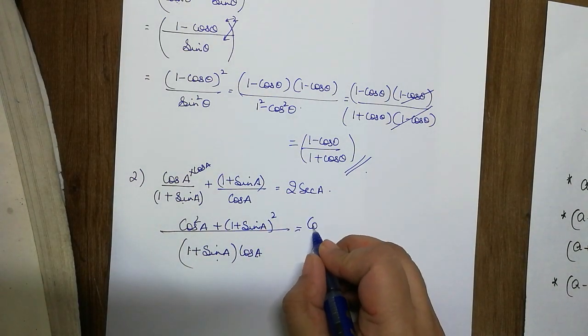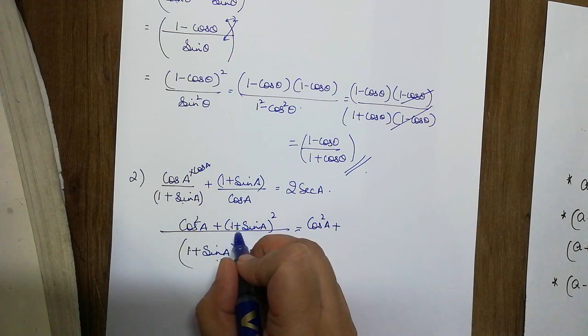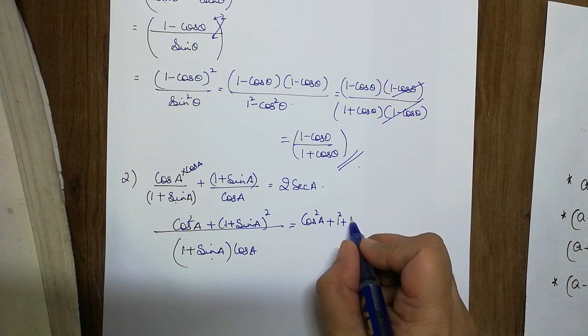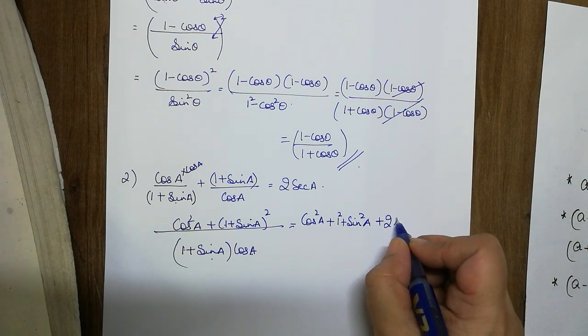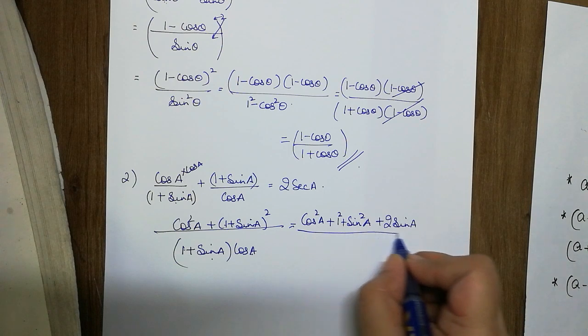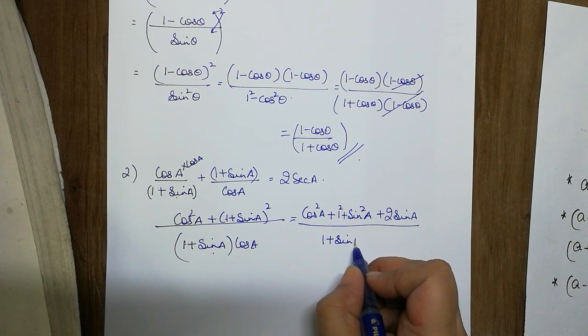So first I will put cos square a as it is, plus a plus b whole square, formula we will be using a square plus b square plus 2ab. A here is 1 and b is sin a, denominator let it be as it is.